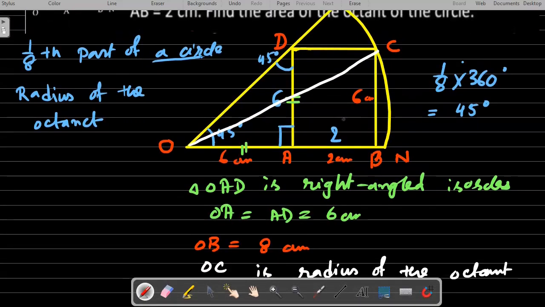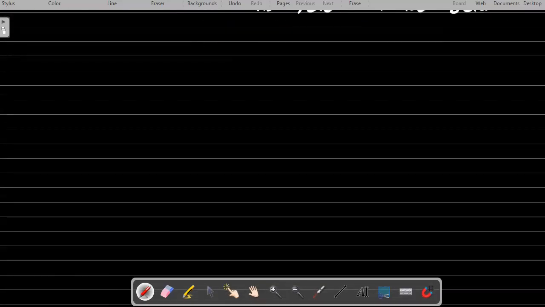Now you see that we get a triangle, that is OBC. This OBC triangle is a right angle triangle. Why? Because ABCD is a rectangle, therefore angle B is 90 degree. So let me draw this OBC separately.